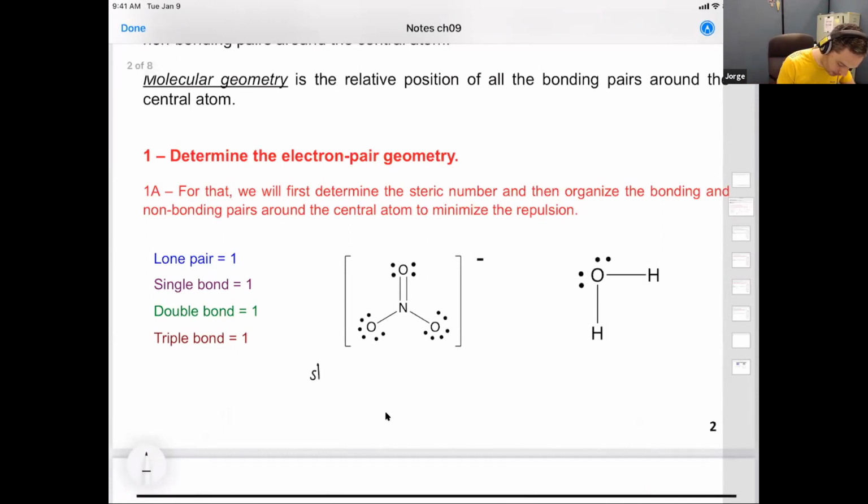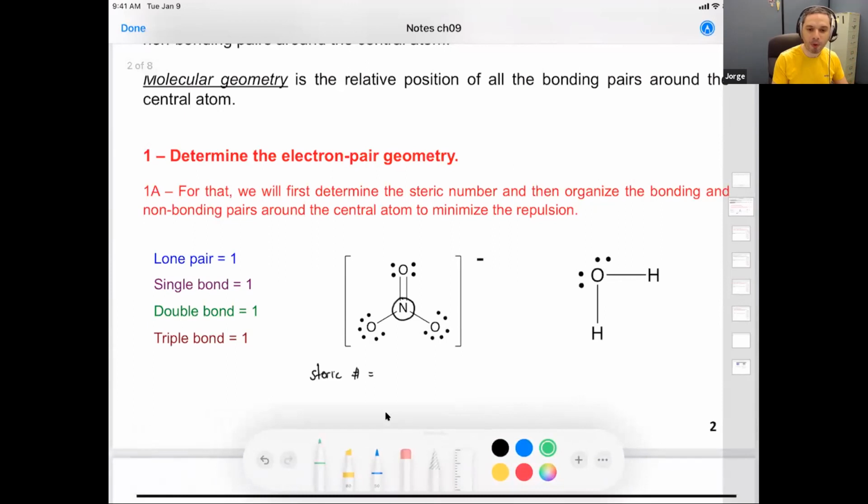So, steric number. Let's always look at the central atom. A double bond will contribute one unit to the steric number, and each single bond will contribute one unit to the steric number as well.